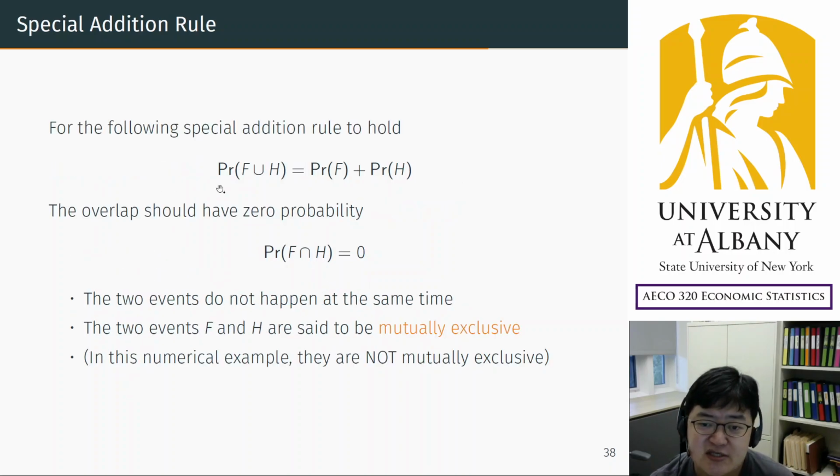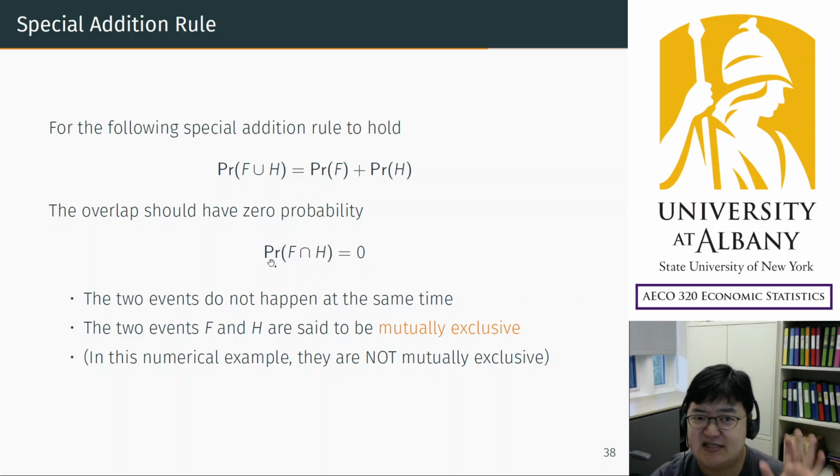But for this one to be true, you have to have the intersection having probability 0. So there should be no overlap. Then you can express the probability of the union as the sum of the two single probabilities. This is a very special case, when female and H do not happen at the same time, so there is no double count.